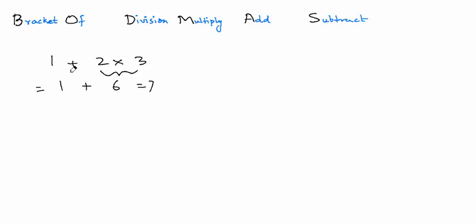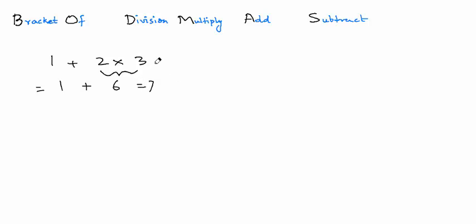Now obviously you would be wrong in this particular problem if you added the 1 plus 2 first to get a 3 and then multiplied the 3 with 3 to get a 9. That's a different answer from what we have over here.